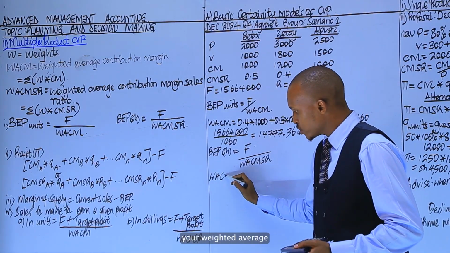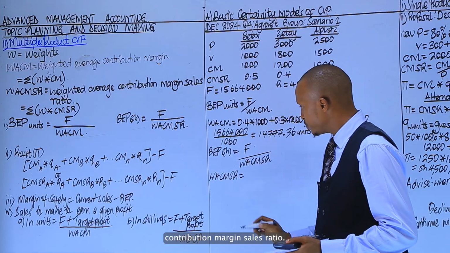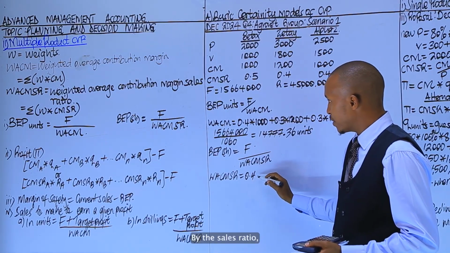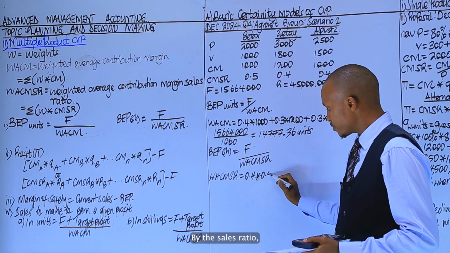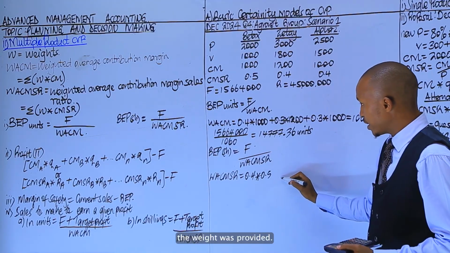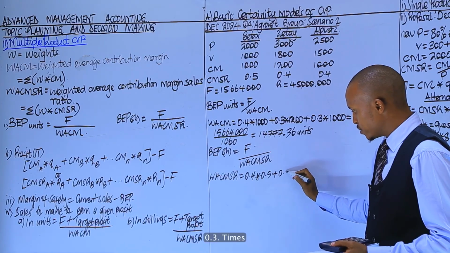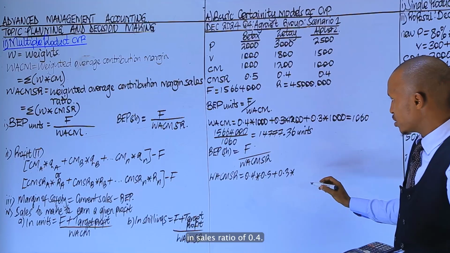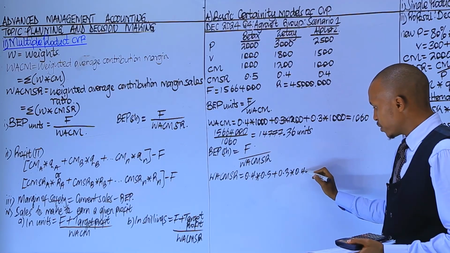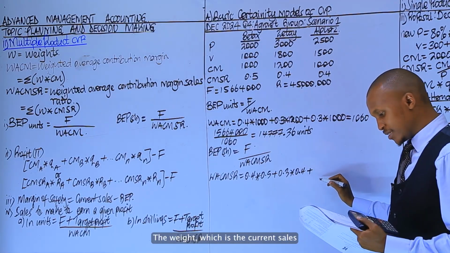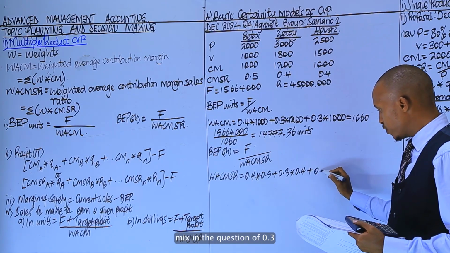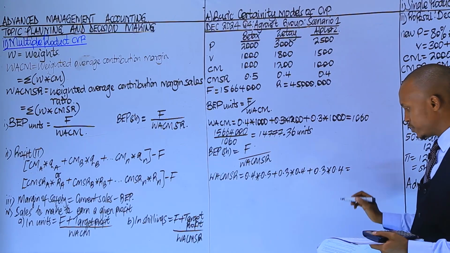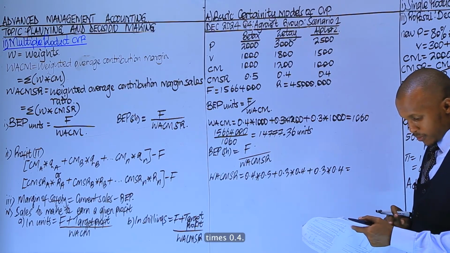To get that ratio, you take the weight, which is the current sales mix provided in the question, times your sales ratio.